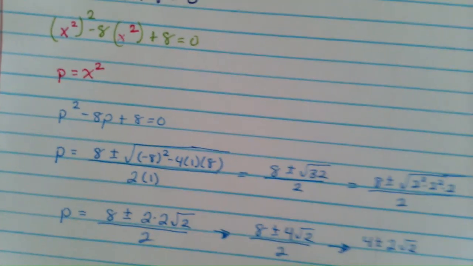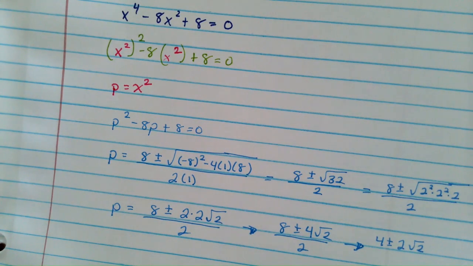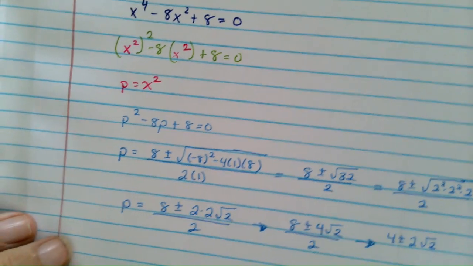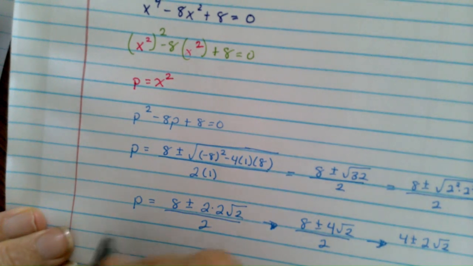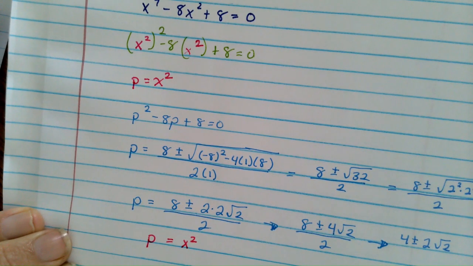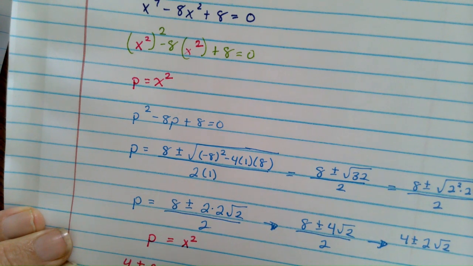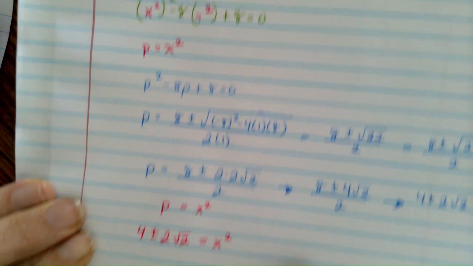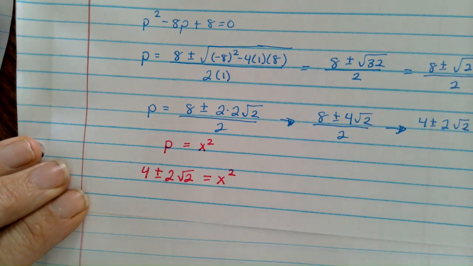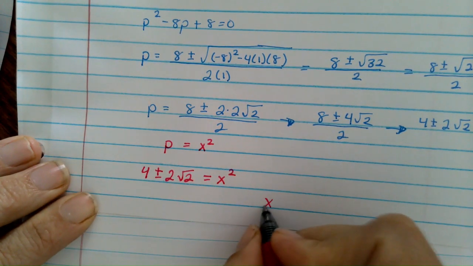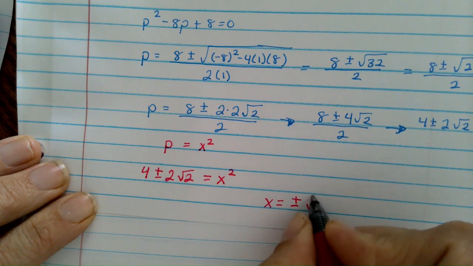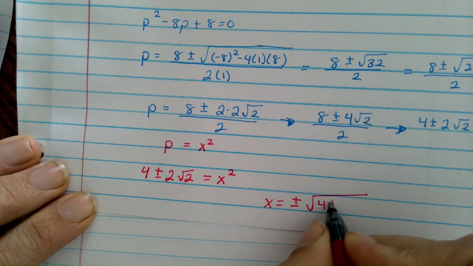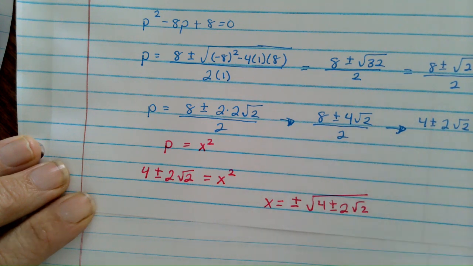But I wasn't supposed to be solving for p. I was supposed to be solving for x. Remember when I said p equals x squared? So 4 plus or minus 2 square roots of 2 equals x squared. And how do I get rid of a square? x equals plus or minus the square root of 4 plus or minus 2 square roots of 2.